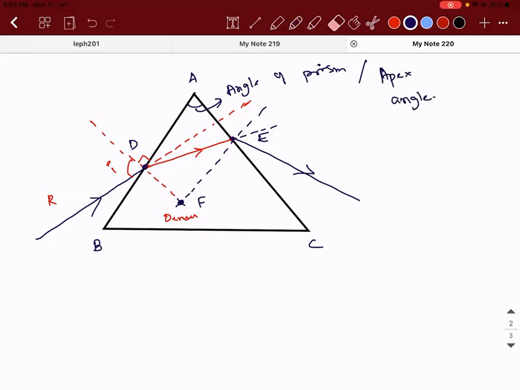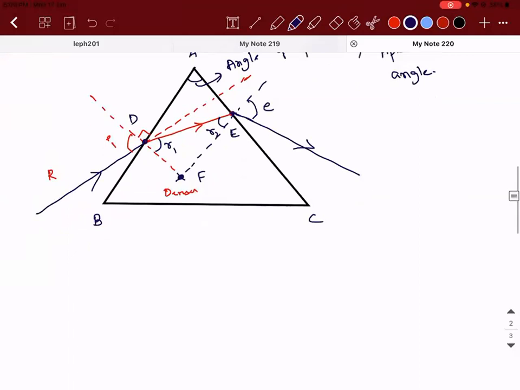Now listen to this carefully. This is point E. So this will be R1 and this will be R2. That is the angle made by the refracted ray inside the prism is making an angle R1 with the normal on the left hand side and R2 with the normal on the right hand side. And this is going to be the angle of emergence.